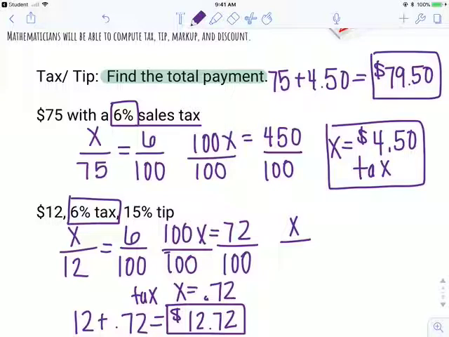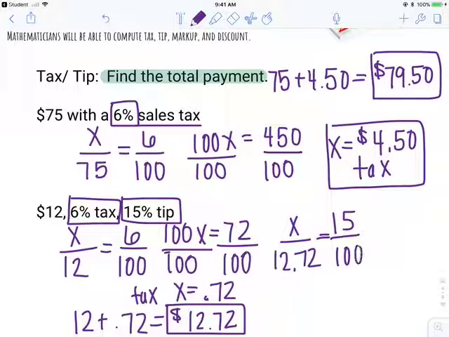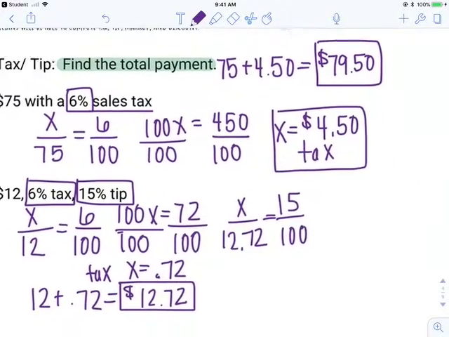Some people do tip on the subtotal. I tend to do it, and I'm going to teach it, where you just do it after you figure out the tax. So I'm going to put $12.72 underneath. I know my tip percentage that I want to give is 15 over 100. So then I set up my proportion.